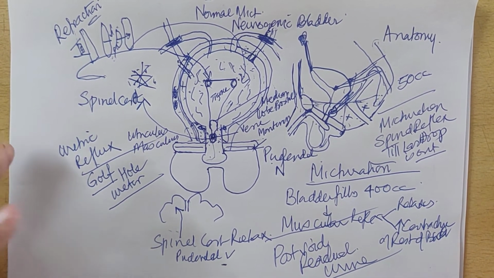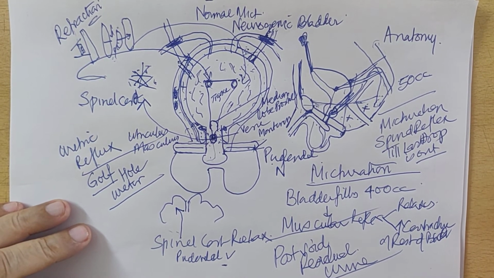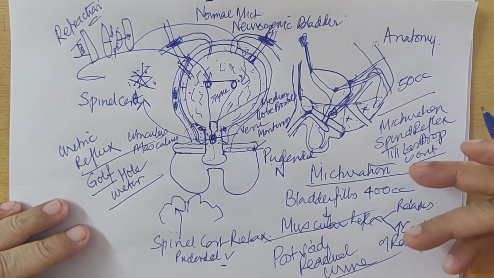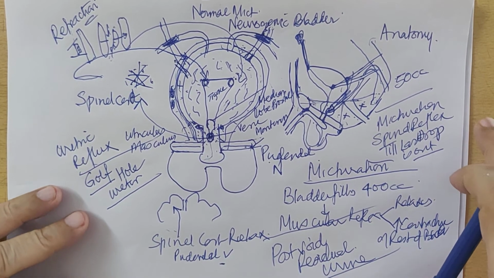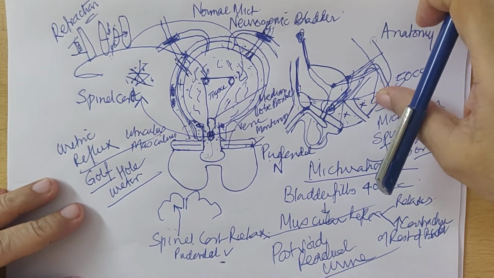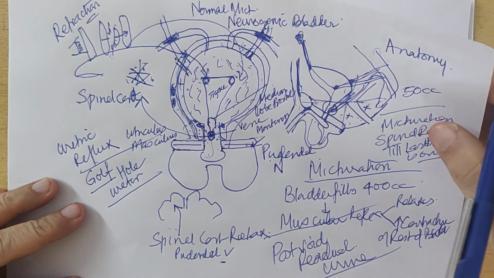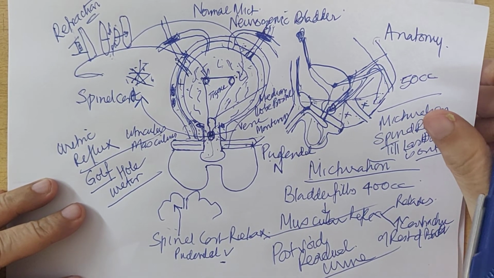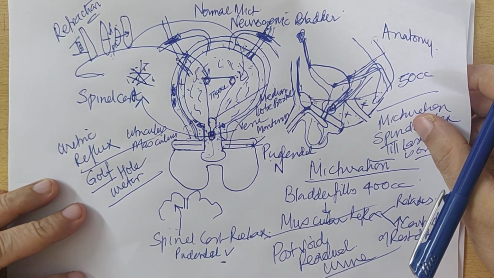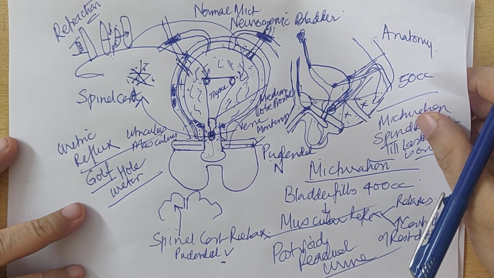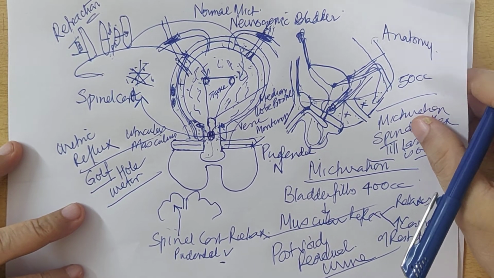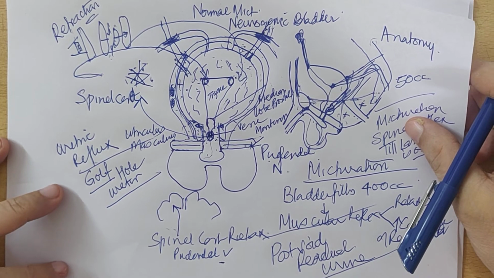And all this electrical activity which is occurring, which causes this miracle of micturition, is from the spinal cord. And we'll see what happens when the spinal cord is disrupted in the next part.